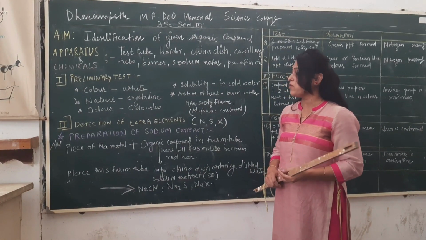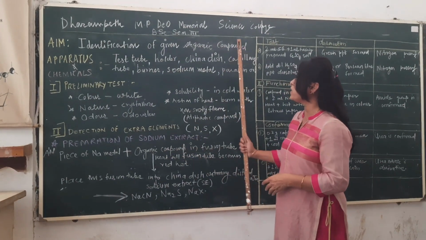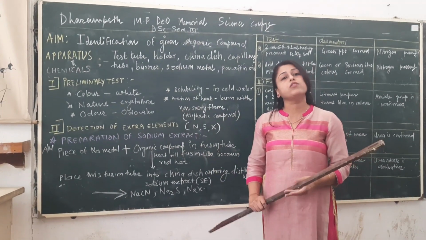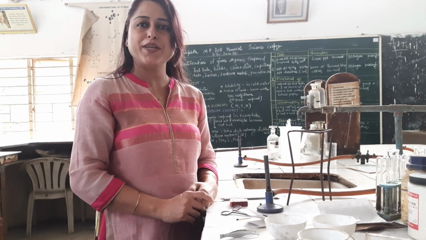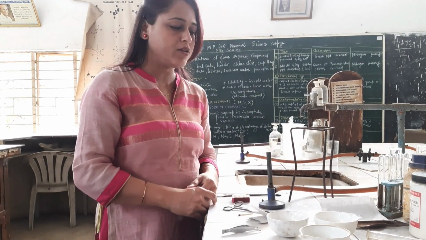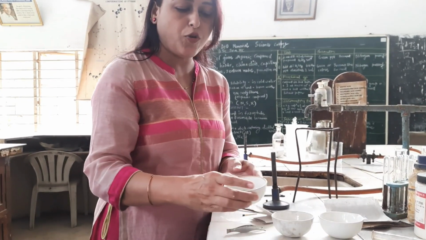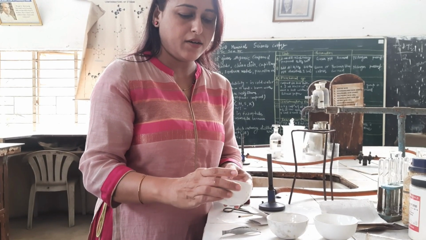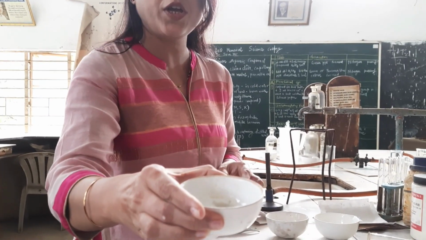Now, let us see how we can prepare the sodium extract from the given organic compound on the table. Let us start with the preparation of sodium extract. For this preparation, we will require sodium pieces. We have to make these pieces dry. These are the sodium pieces.